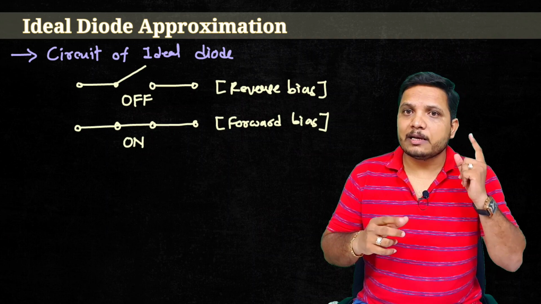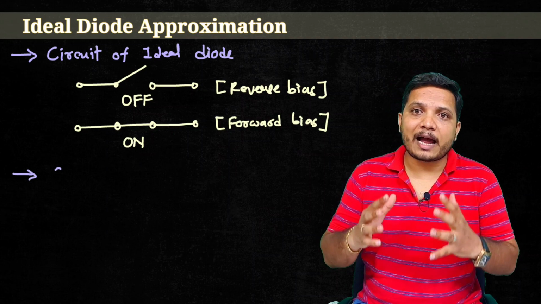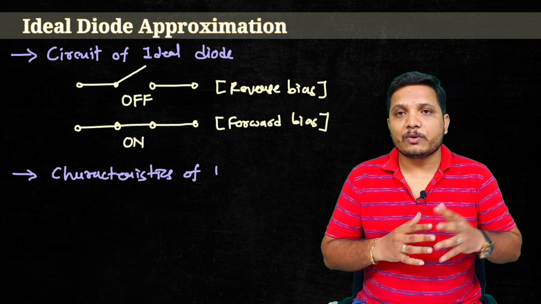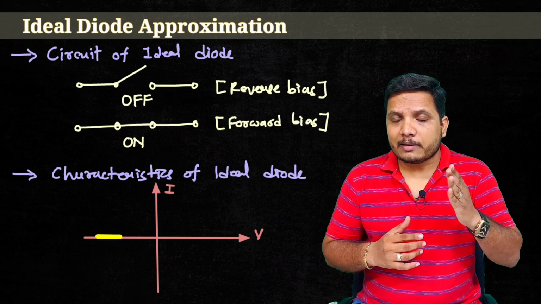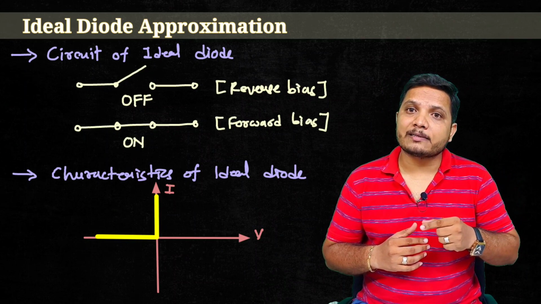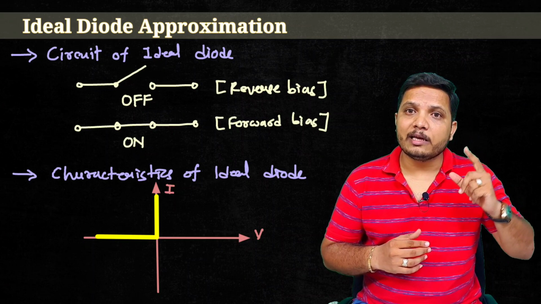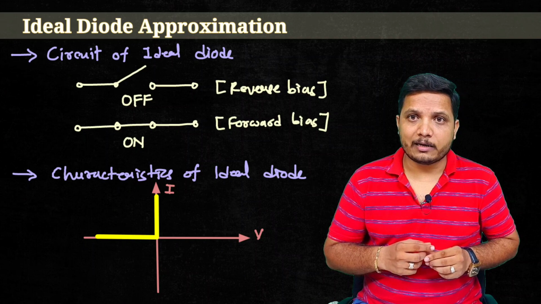So this is the first approximation, referred to as the ideal diode approximation. You can see in its characteristics, in reverse bias there is 0 current, and in forward bias infinite current flows even though you increase the voltage a little bit.